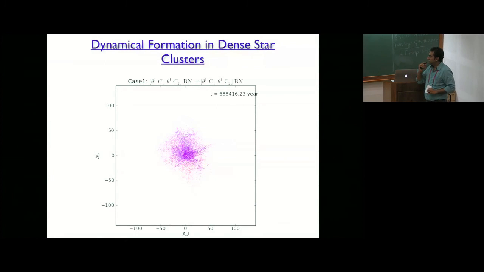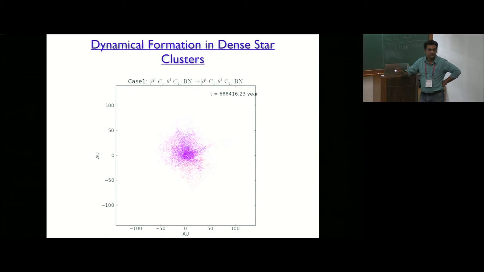Okay. So you can imagine, remember the main problem to create merging binary black holes is how to take two black holes and make their orbits compact enough for them to merge within Hubble time.